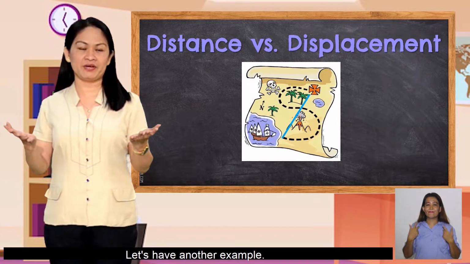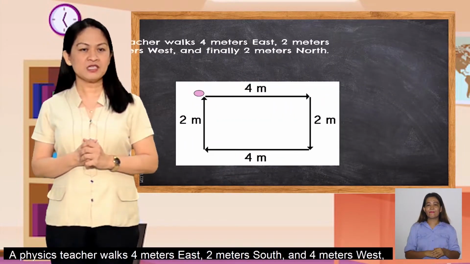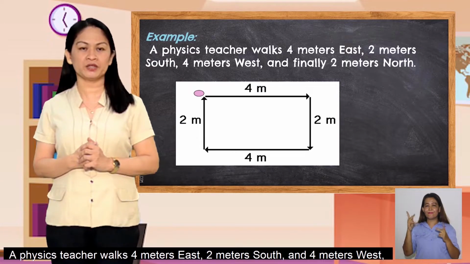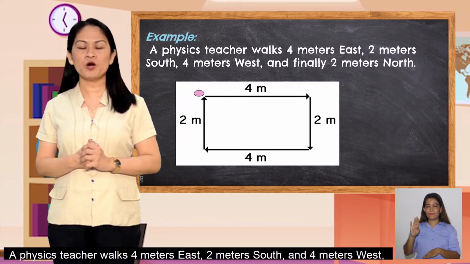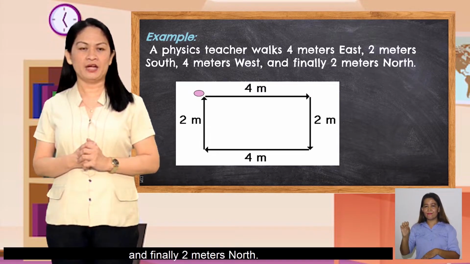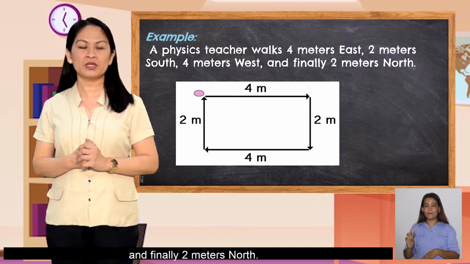Let's have another example. A physics teacher walks 4 meters east, 2 meters south, and 4 meters west, and finally 2 meters north.